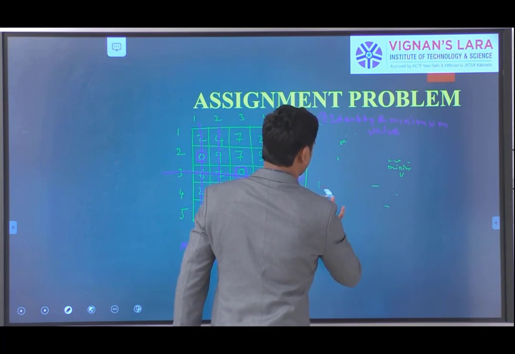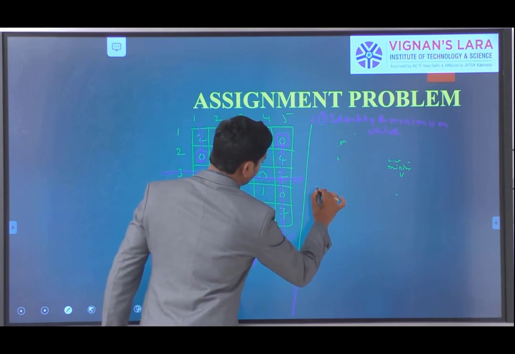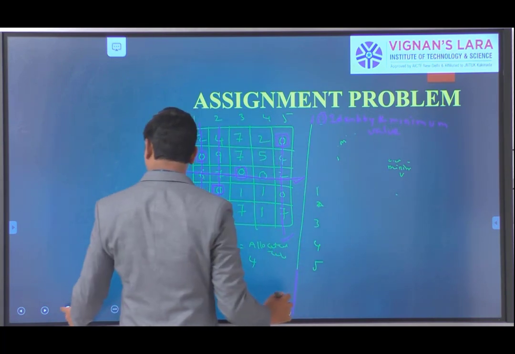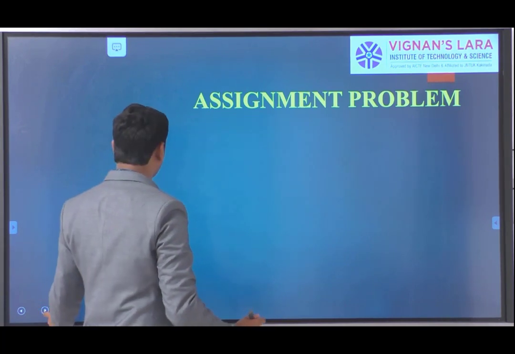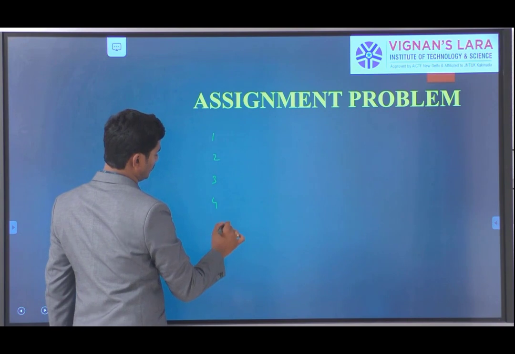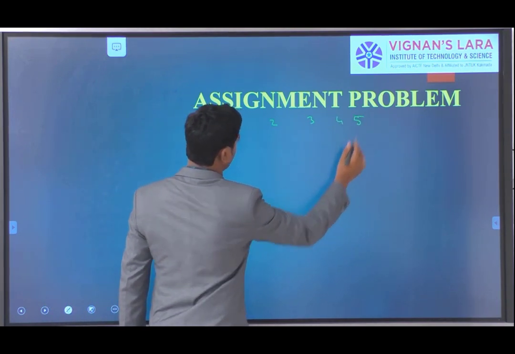Next, coming to the solution. Here we have the 5 jobs, 1, 2, 3, 4, 5, and 5 machines, 1, 2, 3, 4, 5.